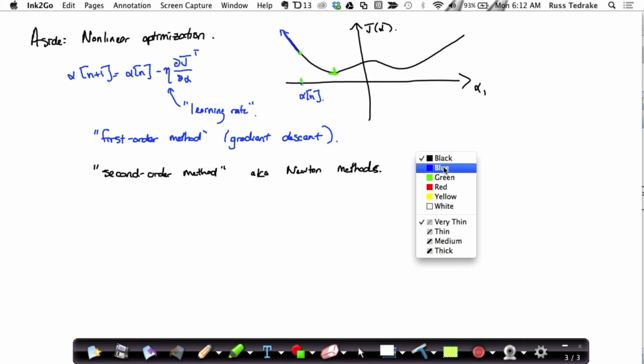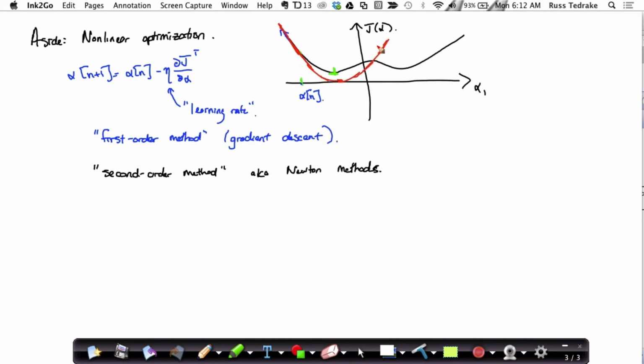And the idea with the Newton methods would be that I'm going to evaluate the gradient, but I'm going to make a locally quadratic approximation of my cost function. You can do that by evaluating only the first order gradient and making a guess at the quadratic term, or you can evaluate the first and second derivative at my point.